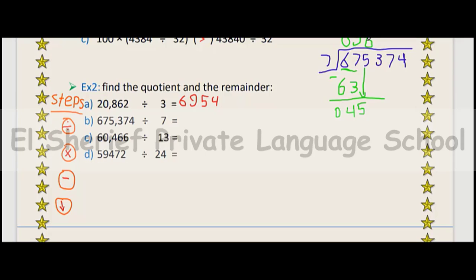So we write 6 times 7 equal 42. Write 42. So we do division, we do multiplication, then subtraction. 5 minus 2 equal 3, and 4 minus 4 equal 0.